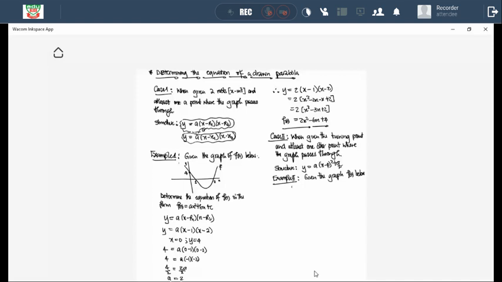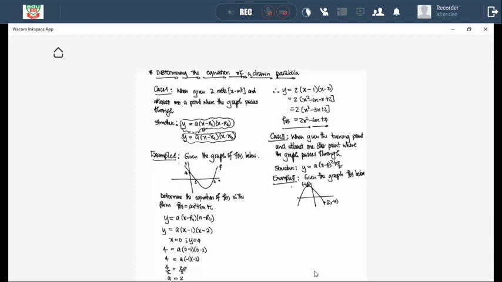So you are given a graph of this sort. Right, on my graph, I'm given the turning point to be (-1; 8). And there is another point where this passes through, which is (2; -10).